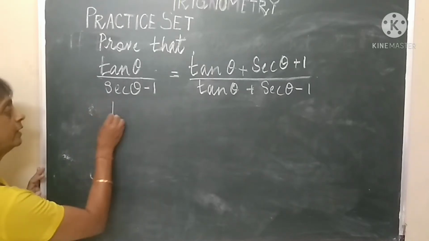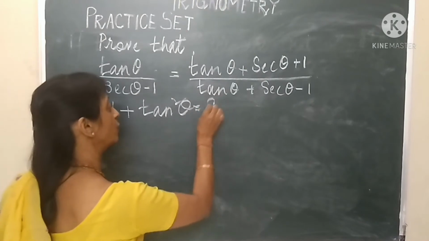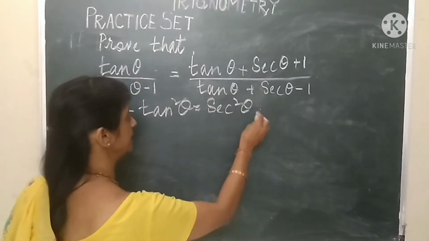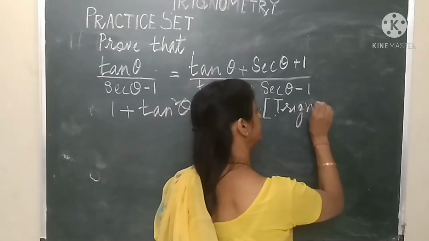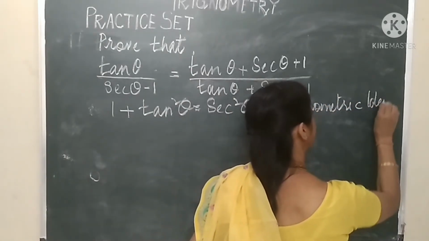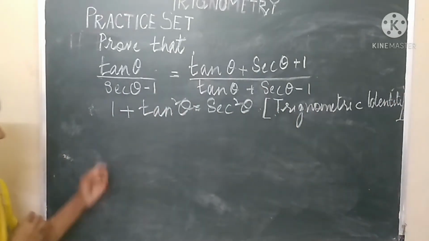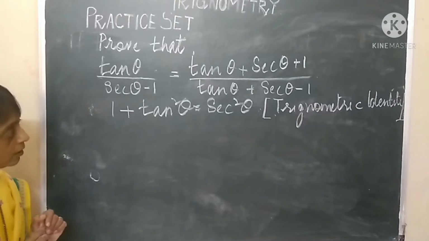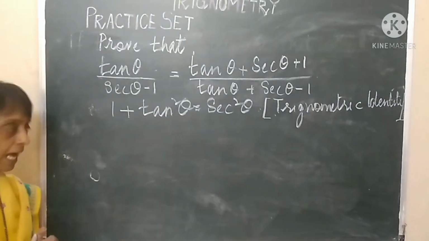Definitely, it is 1 plus tan square theta is equal to sec square theta. This is our trigonometric identity. So children, let's perform a few operations on this trigonometric identity.